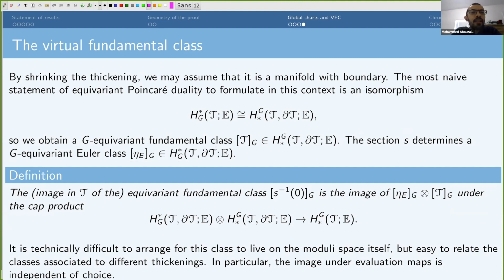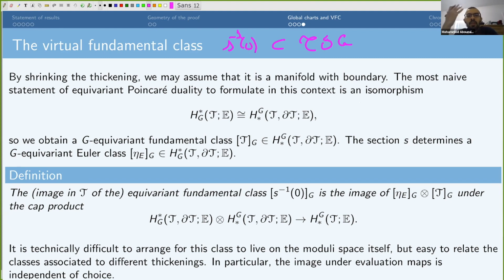Okay, so now there is this magic point where I use the virtual fundamental class. So what does that mean? Remember, again, always the most important thing is Poincaré duality. So remember, we have this thickening, and it has this group action, and inside of it is this S inverse of 0.